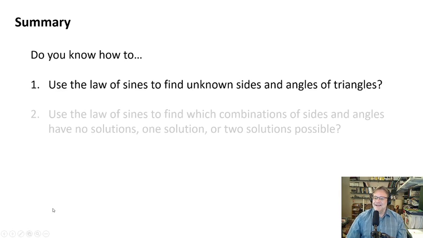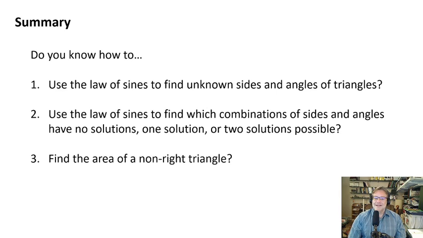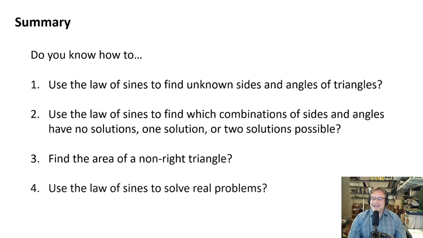Second thing, using the law of sines to find which combinations of sides and angles have no solutions, just one solution or two solutions that are possible. Remember, the value of that sine tends to determine what the outcome is for that. Finding the area of a triangle that's not a right triangle, and without knowing what that height is from the inside. And lastly, using this to solve some real-world problems.